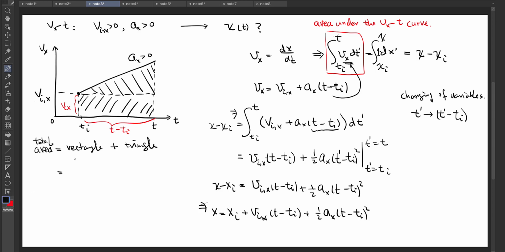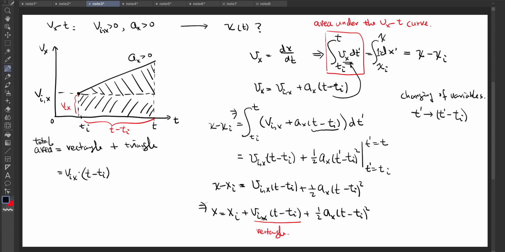So the rectangular area is given by Vix times (t minus ti). Okay, that's exactly this term. Rectangle.